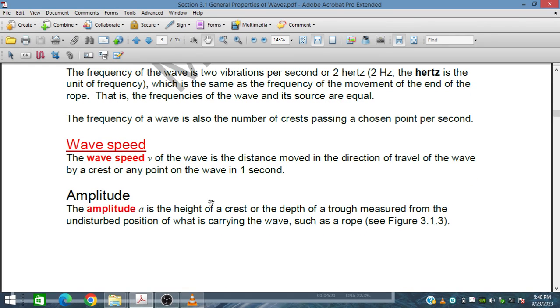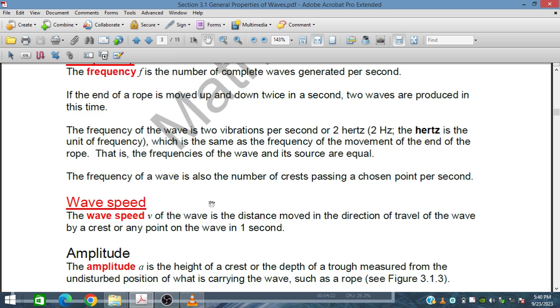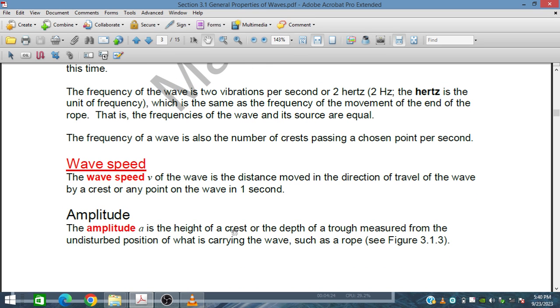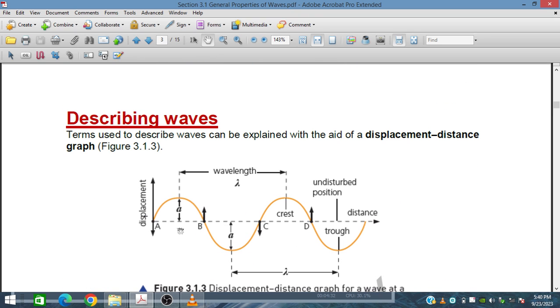And the amplitude, a, is the height of the crest or the depth of the trough measured from the undisturbed position of what is carrying the wave, such as the rope. Here this small a, from the undisturbed position to the peak position, is called the amplitude. Similarly, on the trough side, from the undisturbed position to this point is the amplitude.